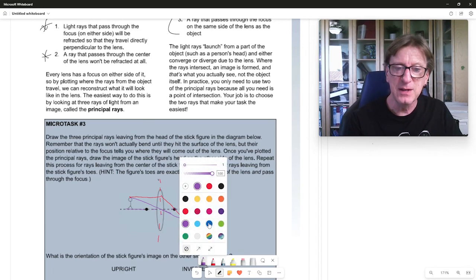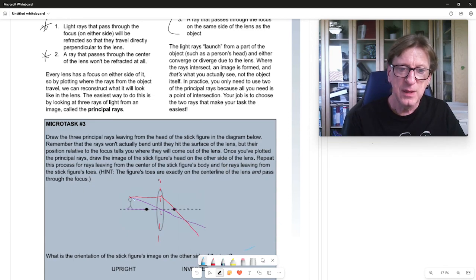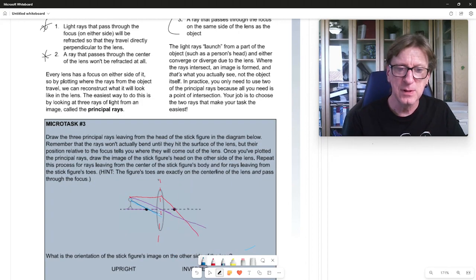All right, and then finally, our third ray is a ray that passes through the focus on the same side. So here, it's going to pass through the focus. What is it going to do? Let's make that a darker blue so we can see what's going on. So it passes through the focus. What's it going to do when it exits?